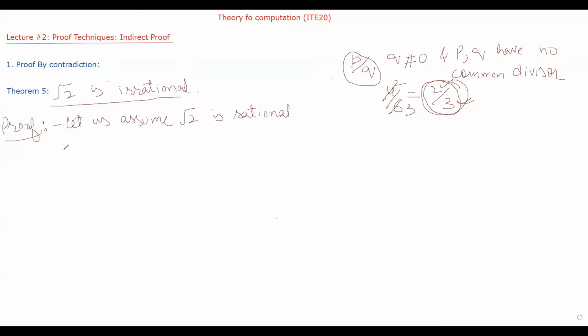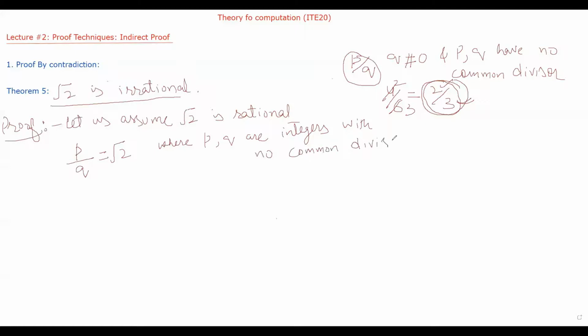Then it can be represented as p by q, so p by q is equal to under root 2, where p and q are integers with no common divisor.